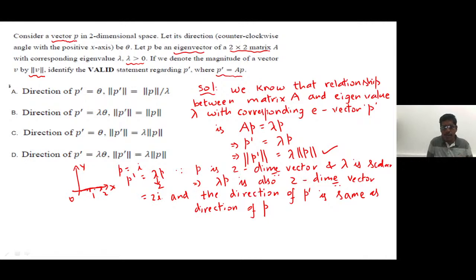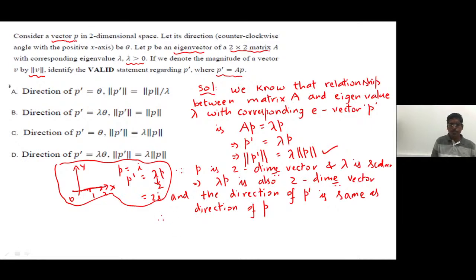They are lying on the same line, the x-axis only. So that's why P and P dash have the same direction. Even you can take 3D geometry, x-axis, y-axis, z-axis, or 1D geometry, anything. So therefore, P already makes an angle theta with the x-axis, so P dash also makes an angle theta with the positive x-axis.